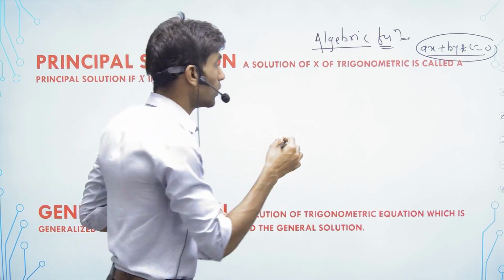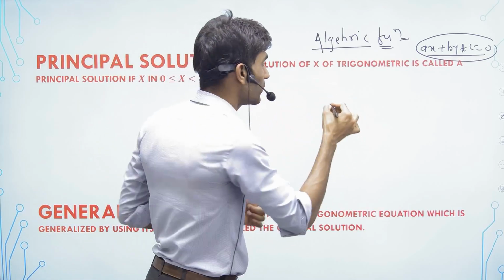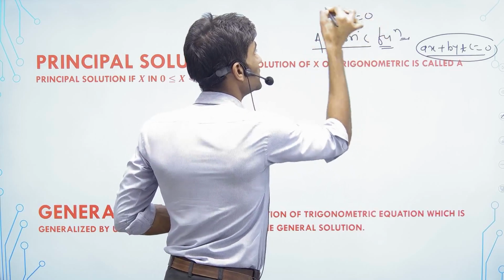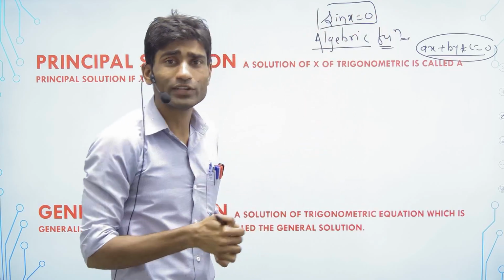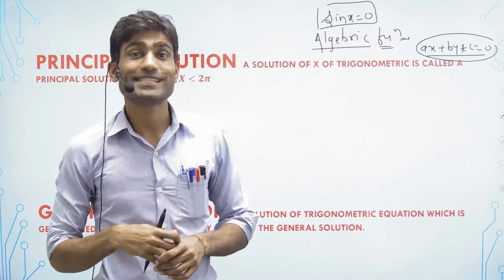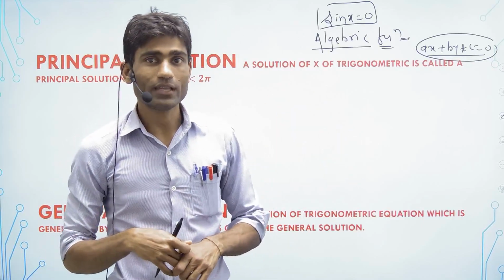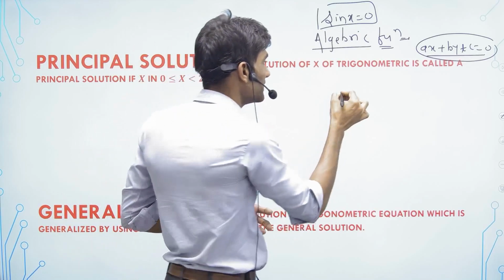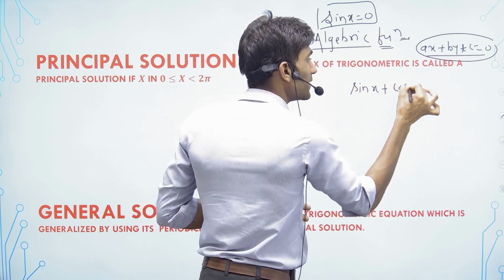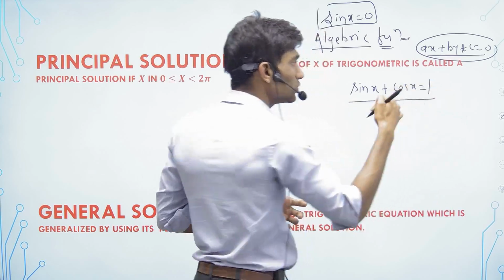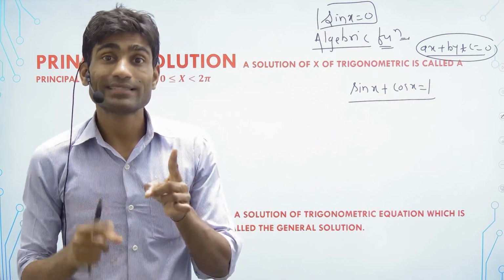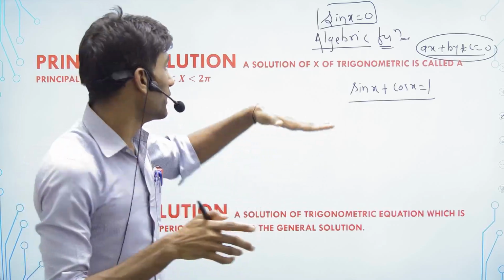Let's consider an example: sin x equal to 0. We consider it a trigonometric function because a trigonometric ratio is there. One more example: sin x plus cos x equal to 1. There is an involvement of sin x and cos x, so we consider it a trigonometric function.